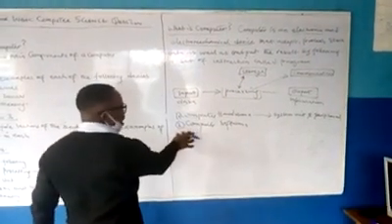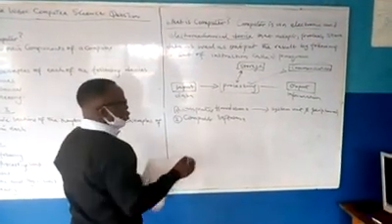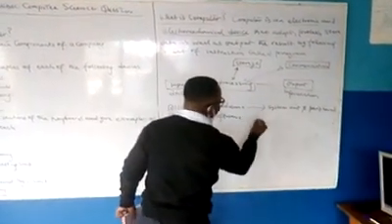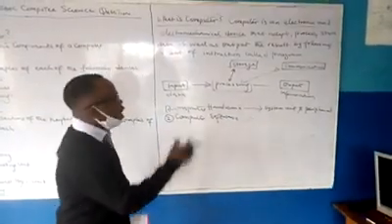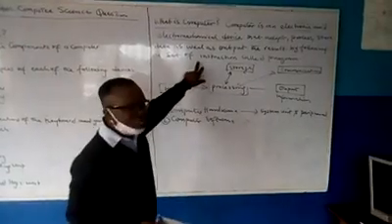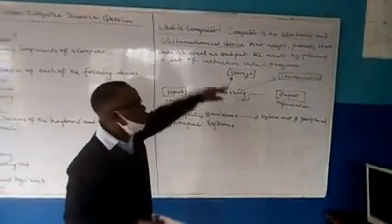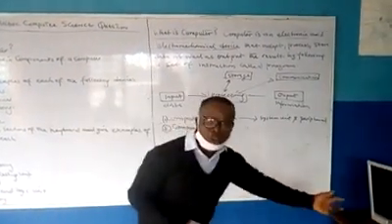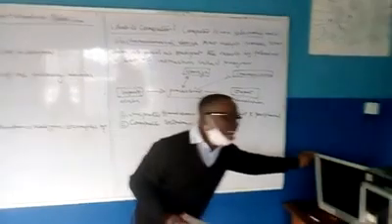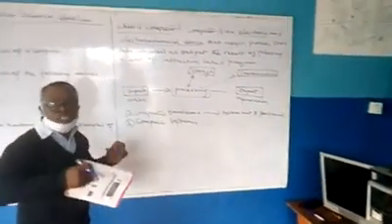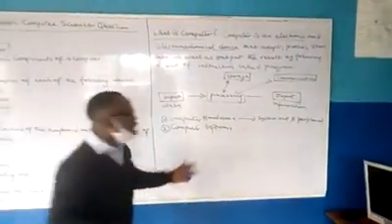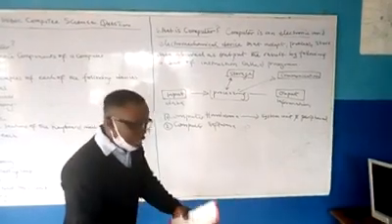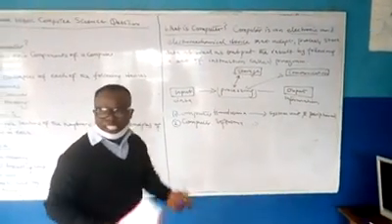Then you look at the computer software. Computer software is the program or instructions in the definition you see. A set of instructions or program, which is software, that helps the computer to function. Because the hardware cannot work without the software. That is why it's called a system. At times you carry your laptop, you say, oh, my system.